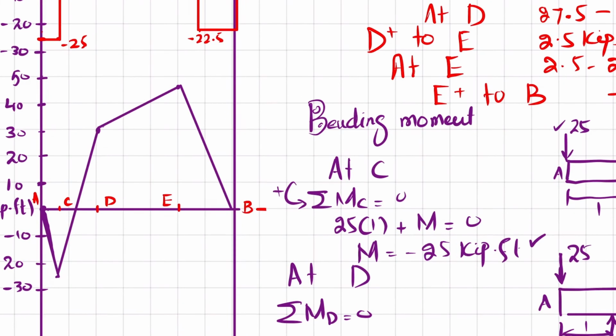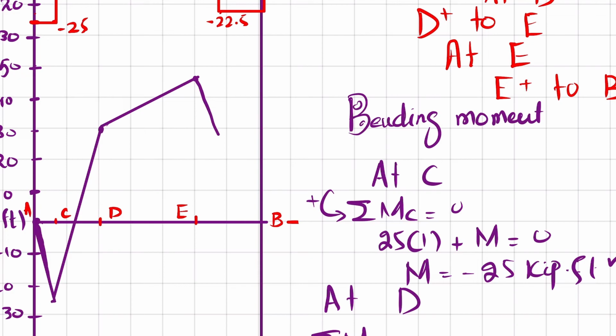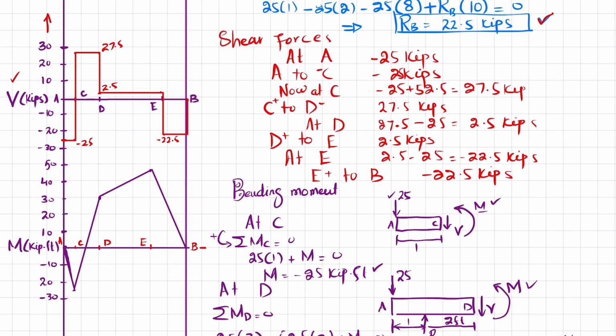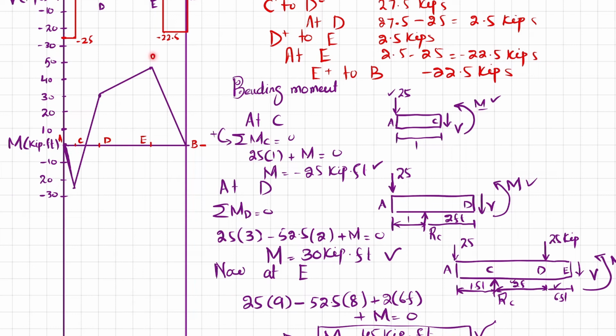If I draw it closely, you can see that the area between E and B is minus 22.5 into this width, and this width is 2 feet, so minus 22.5 into 2 will be equal to minus 45. So here at this point we have moment 45, and at this point we have moment minus 45, so plus 45 minus 45 will bring it to 0.